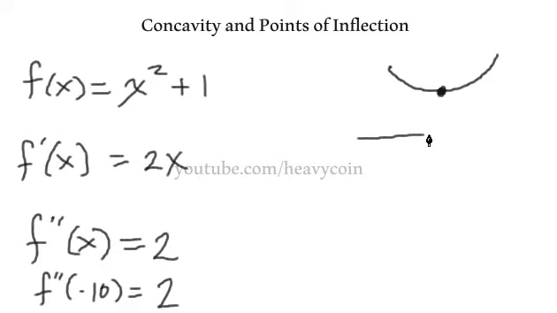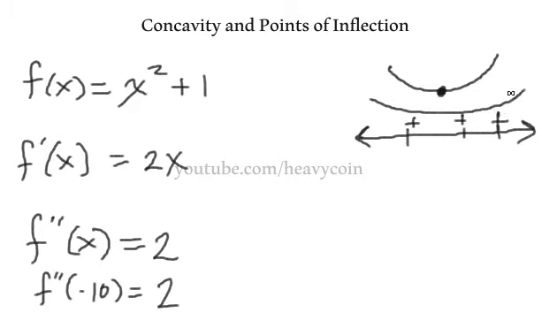If you looked at this on a number line, no matter what number we picked and plugged into our function, we always get a positive number out. So we can say that this graph is concave up. Now you notice the line I'm using here is not a straight line like the ones I used to determine if the graph was increasing or decreasing.